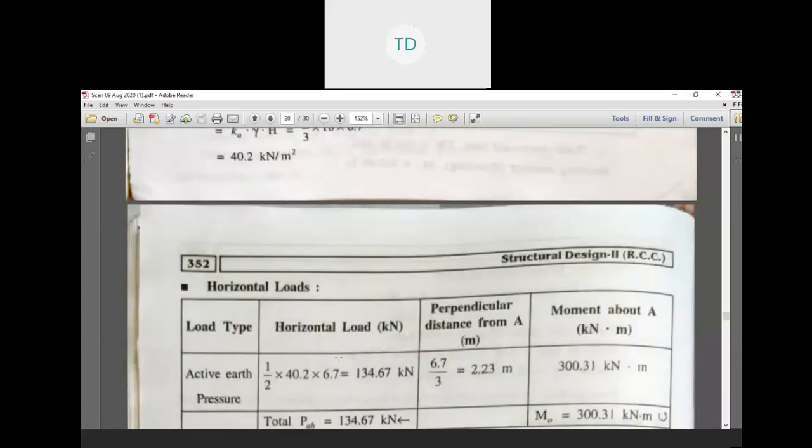Now I will explain all this in the table. Vertical load W1 we know is 6.20 into 0.20. 0.20 is the top size of the retaining wall, and 6.20 is the height, only for W1.